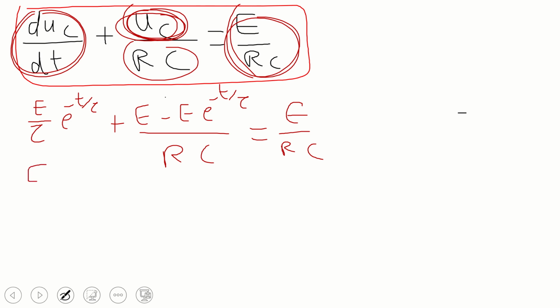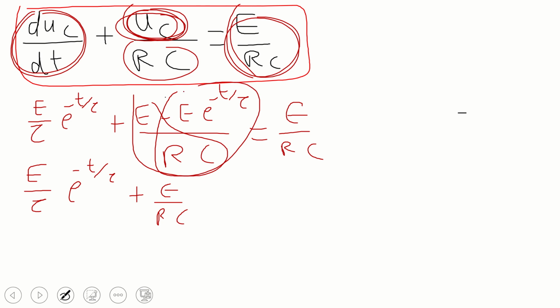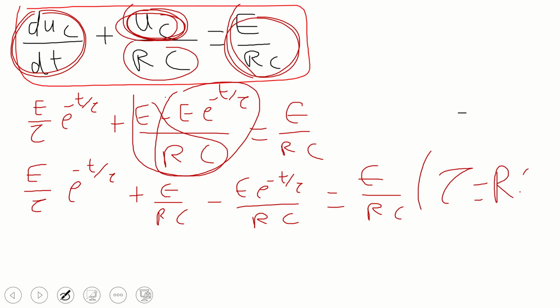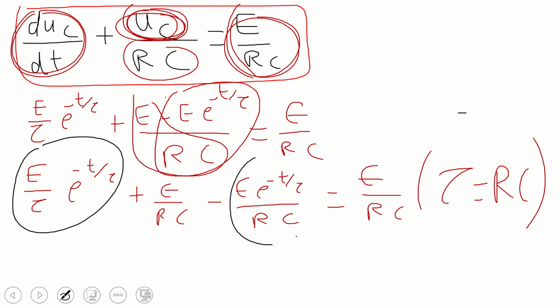Now, E over tau exponential minus t over tau plus E over RC minus E exponential minus t over tau divided by RC equals E over RC. Now, knowing that tau equals RC, E over tau exponential minus t over tau is the same as E over RC exponential minus t over tau.